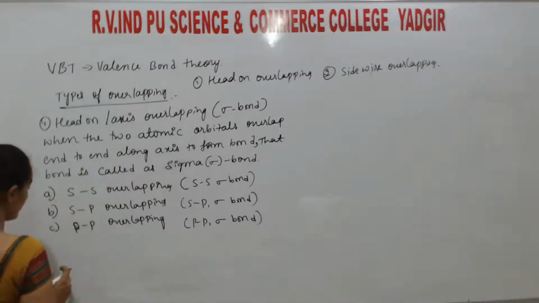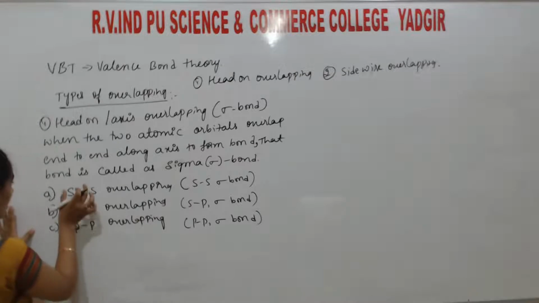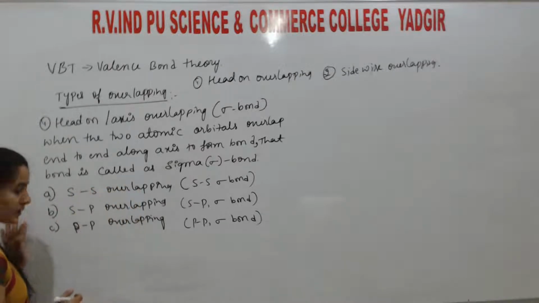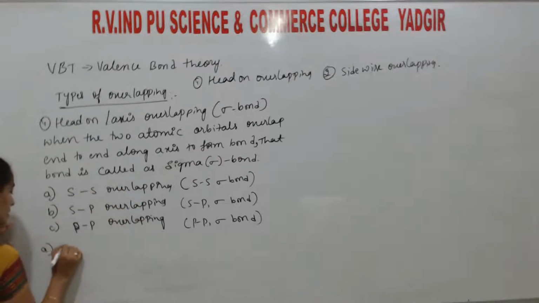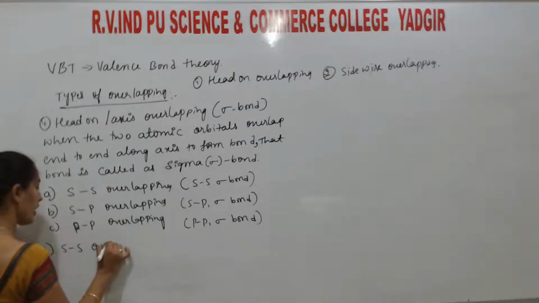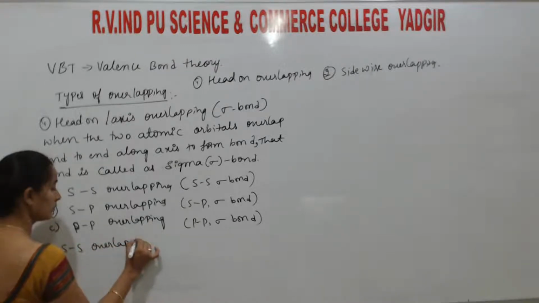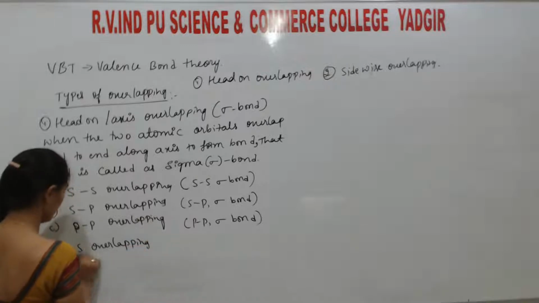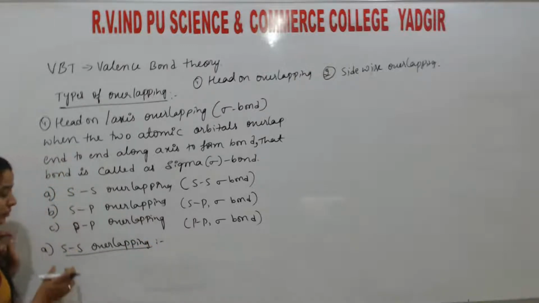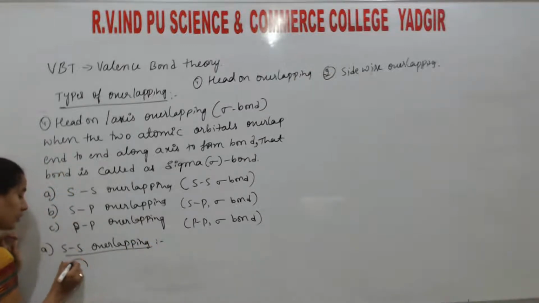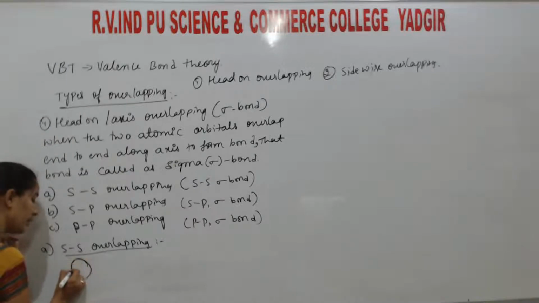Okay. So now listen here. What are we going to study? How the overlapping takes place. So students, here the first one is SS overlapping. We are going to take the S orbital. S orbital shape is spherical.